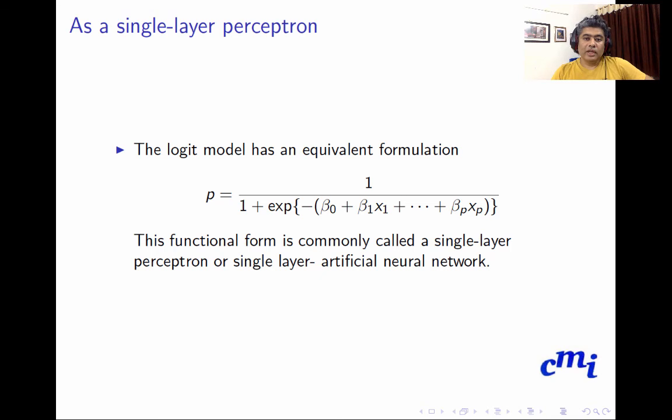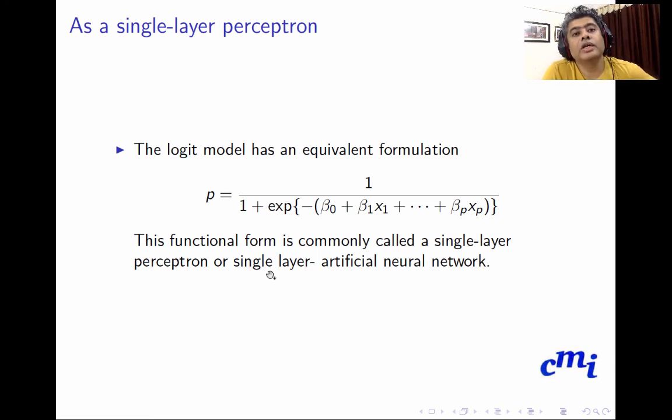The logit model has an equivalent formulation, p equal to 1 divided by 1 plus e to the power minus x beta, or beta naught plus beta 1 x1 plus dot dot dot beta p xp. This functional form is commonly called a single layer perceptron or single layer artificial neural network.